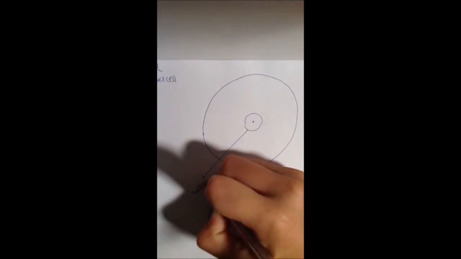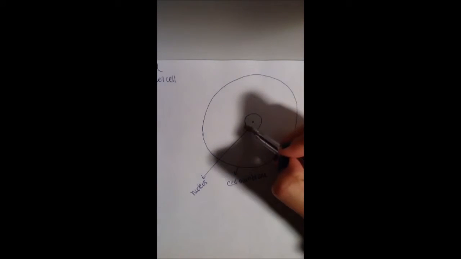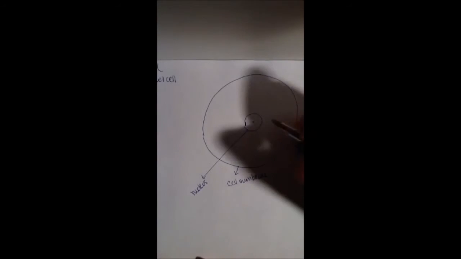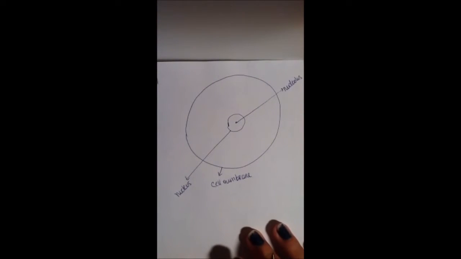So you can name all of this organelle as a nucleus, which is composed of a nuclear envelope, which has openings and pores and controls what goes in and out of the nucleus. And the nucleus is also composed of a darker region named the nucleolus. And the nucleolus specifically is where the subunits of the ribosomes are formed.